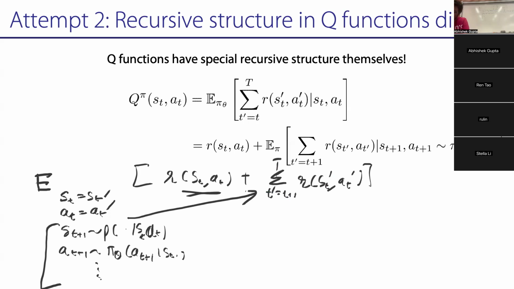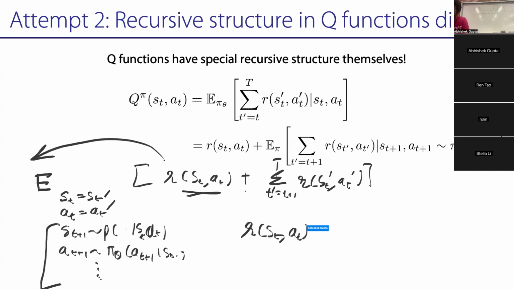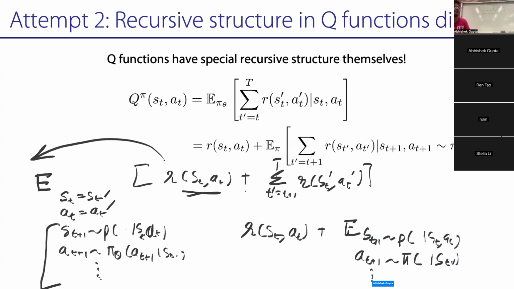And so what that is going to result in is R(s_t, a_t) comes all the way out. Like s_t is fixed, a_t is fixed, right? And then you're going to have an expectation, but remember it's over s_{t+1} sampled from your dynamics and a_{t+1} sampled from your policy at s_{t+1}.